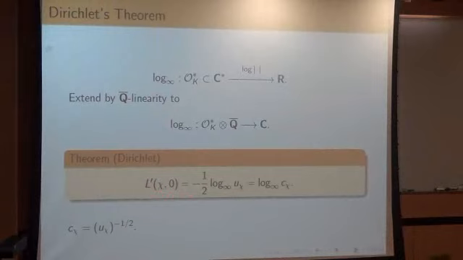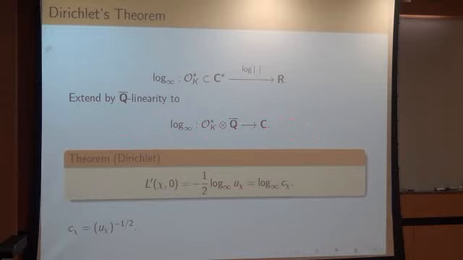So logarithm is just defined, I call it log sub infinity, via the embedding of K into C. We take the log of the absolute value, that gives a map, and then extend by linearity to the tensor product with Q-bar, which is embedded into C. So just take a log absolute value of something and then multiply it by the factor here, which is of course consistent with the fact that log of a^b is b log a.